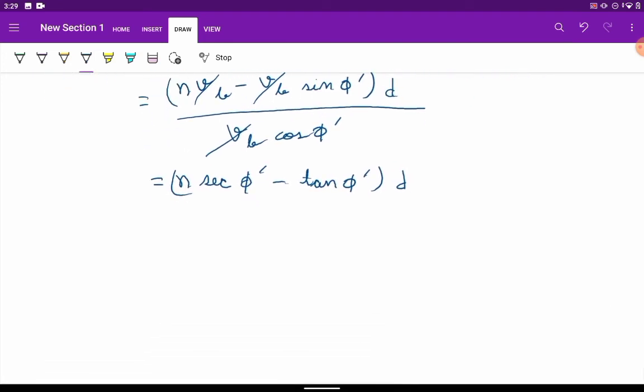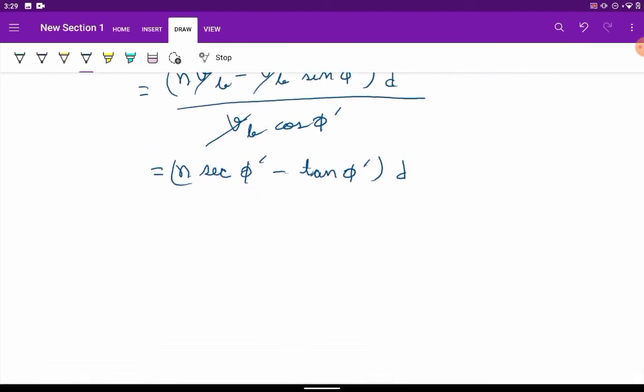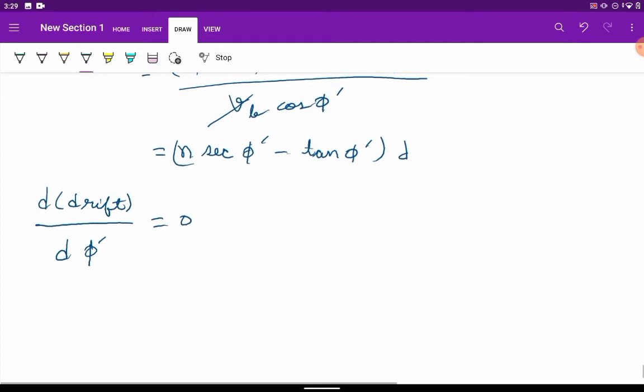Now the drift needs to be minimized. So what we can do is apply differentiation. D drift by D phi dash, because the variable over here is phi dash, right? All others are constants. So with respect to phi dash, we need to minimize the drift, and this should be equal to 0.